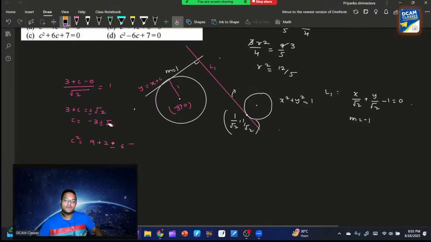What I'll do is one more thing: I'll square here only. Now we'll get the equation. c plus 3 whole square is equal to 2. So it will be c square plus 9 plus 6c is equal to 4. So it becomes c square plus 6c plus 5 is equal to 0.